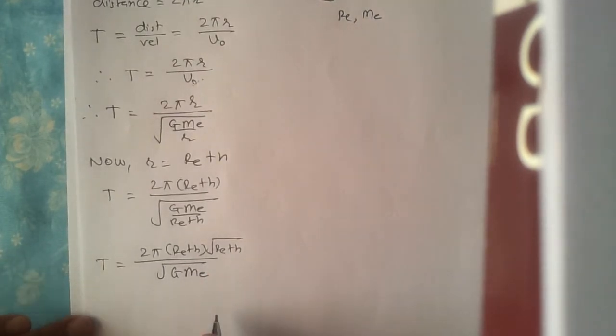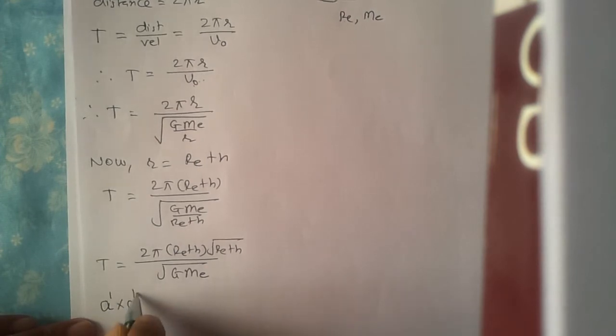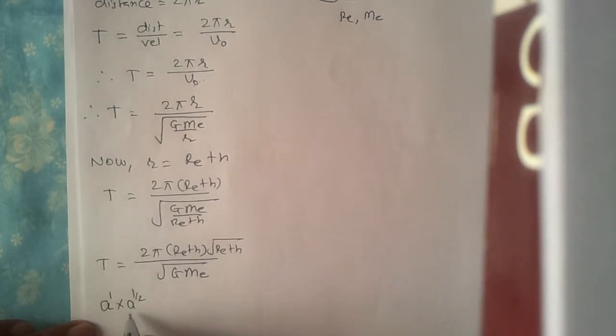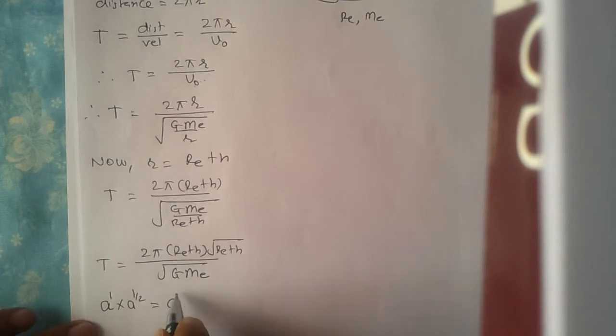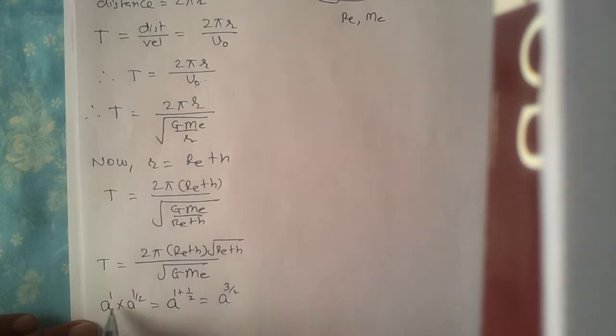Let us go back to some math, very simple math. We know that a raised to 1 into a raised to half, that is a raised to half is of course square root of a, is equal to a raised to 1 plus half, that is a raised to 3 by 2. Okay?